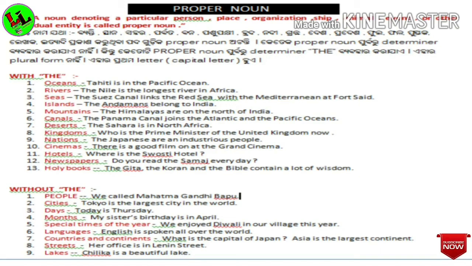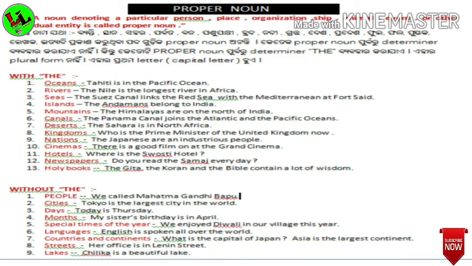Then before the names of some countries and continents. What is the capital of Japan? Japan is the name of a country. Asia is the largest continent. Asia is a continent. And before the names of some streets, this is the 8th point. Her office is in Lenin Street.